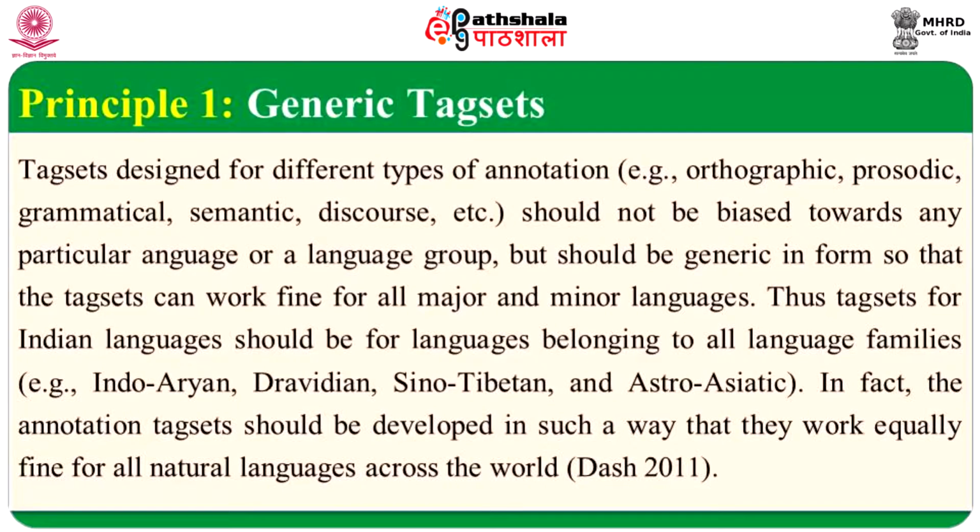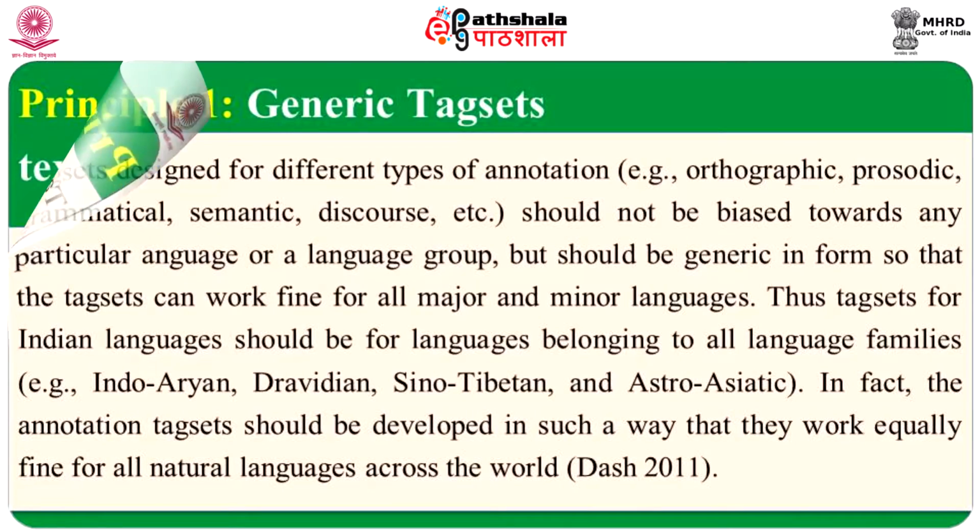Thus, tag sets for Indian languages should be for languages belonging to all language families, such as Indo-Aryan, Dravidian, Austroasiatic, Sino-Tibetan, etc. In fact, the annotation tag sets should be developed in such a way that they work equally fine for all natural languages across the world.